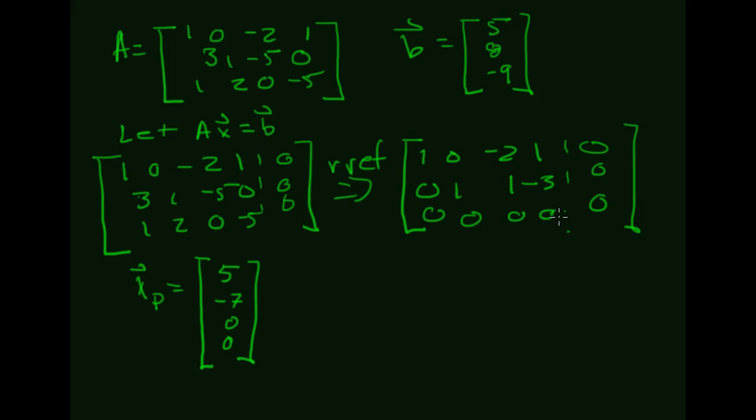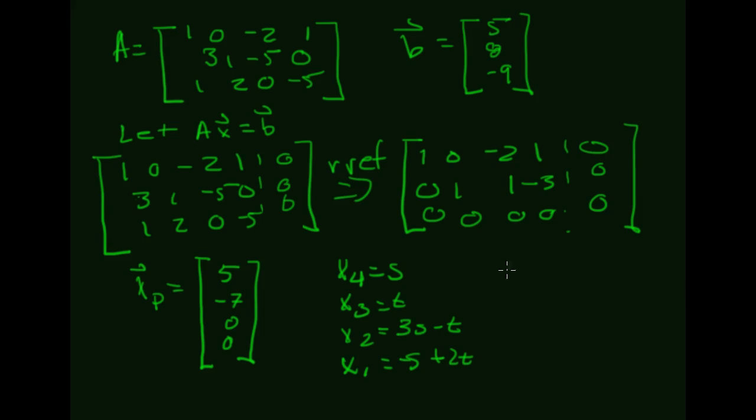Well, the solutions to the homogeneous are infinite here. I have 4 variables in play, so let x4 be s, let x3 be t, right? So x2 is, what do I got there? 3s minus t. x1 comes out as -s plus 2t, right?